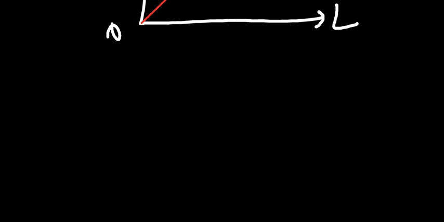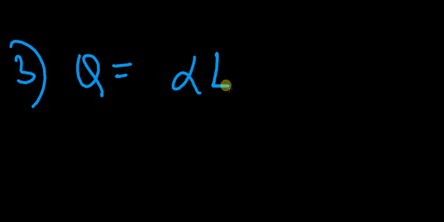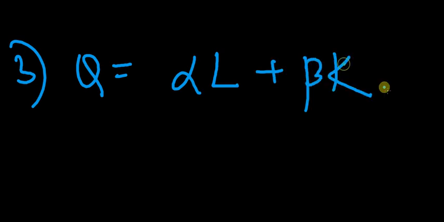Okay. So the third case that we want to come upon is the substitute goods. So suppose it is alpha L plus beta K. So how does my function look like?